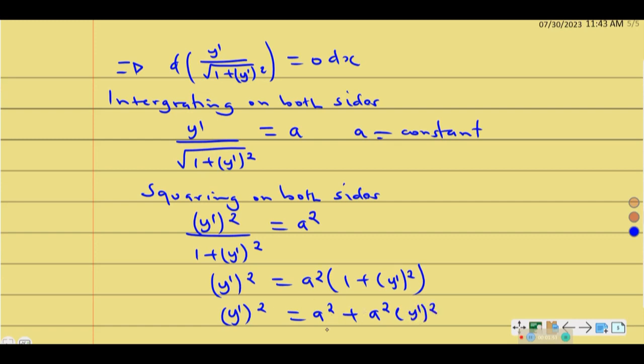So let us rearrange and make y' the subject. So we shall obtain y' squared minus a squared times y' squared, and this will be equal to a squared.